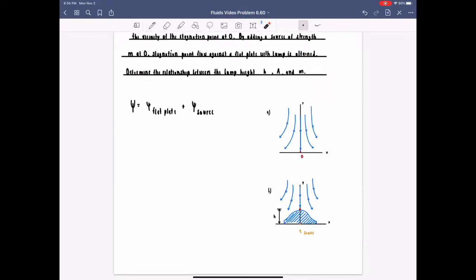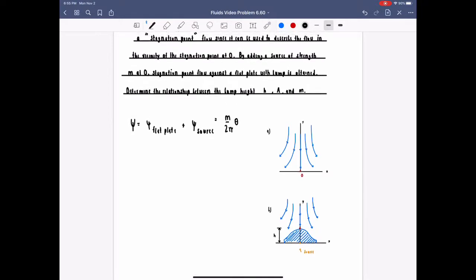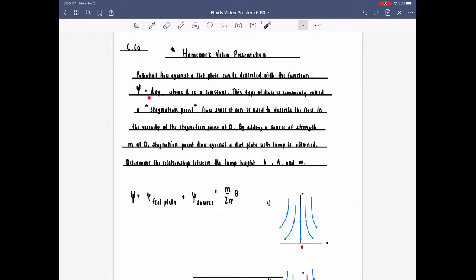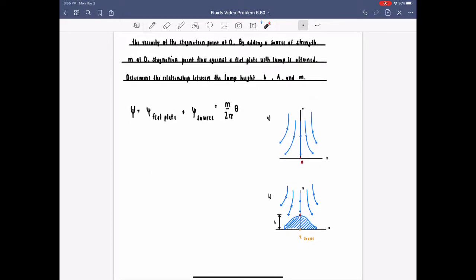And for the source, we know that the stream function for a source is m over 2 pi times theta, which is in polar. So I believe throughout this problem, it would be much easier to work in polar coordinates, which is why I think that our next step is going to be to switch our original stream function into radial or polar coordinates.